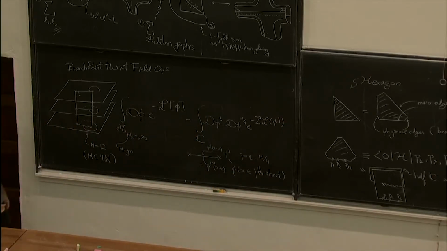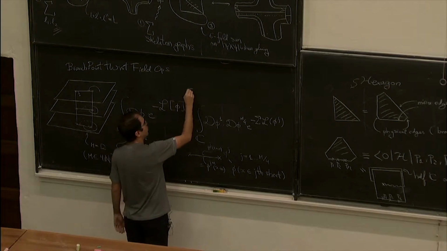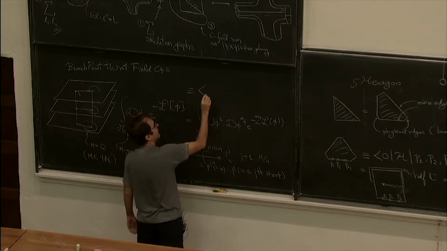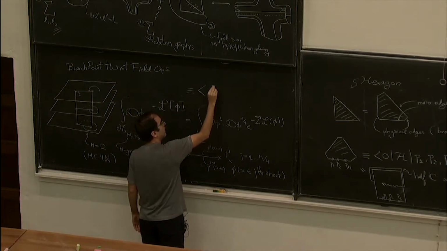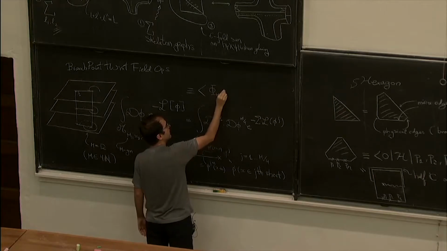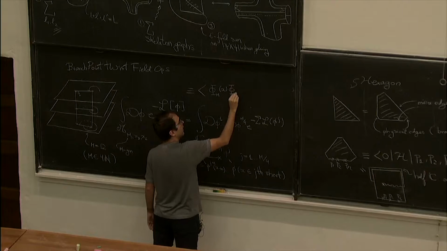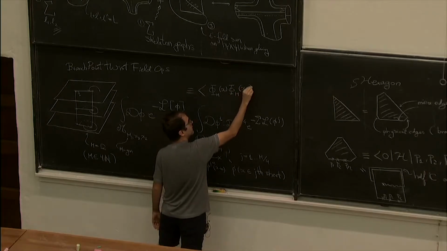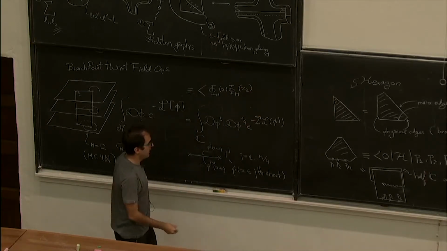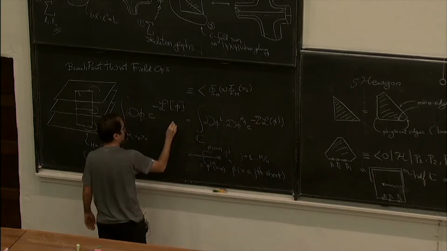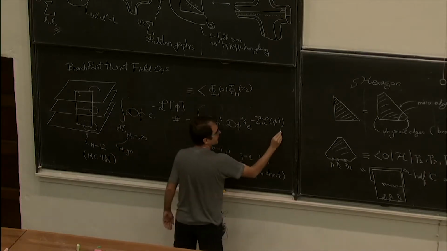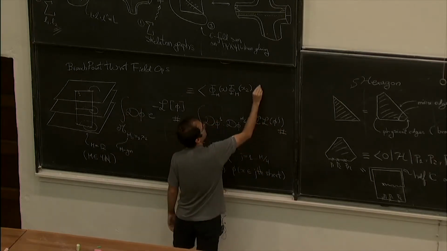Okay, and this, if you want, is how we would define the expectation value of these 2 twist operators that create this conical excess, one inserted at x1 and one inserted at x2. And if I consider now the expectation value of something, this is the expectation value of something.